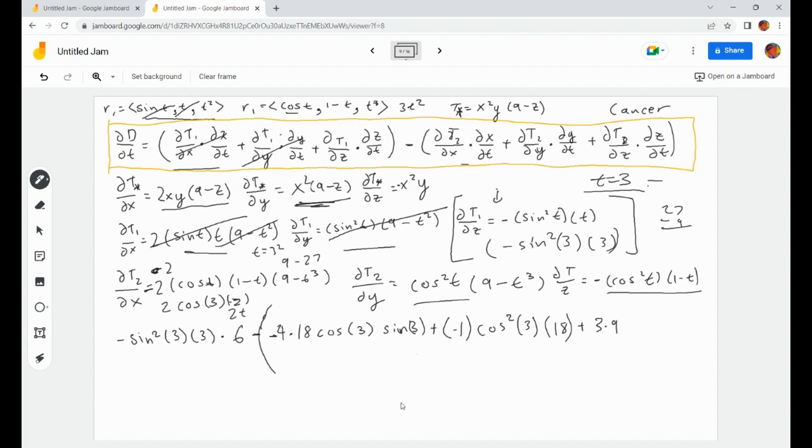So 3 multiplied by 9, which is 27. 27. And by that is, oh shit. So it's negative first of all up here. So that's cosine squared 3 by 1 minus 3. So it's like -2. 2 positive.